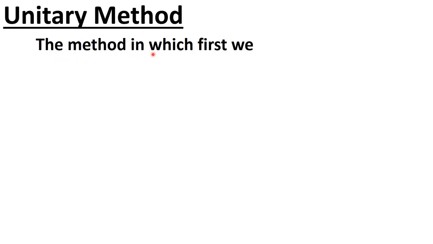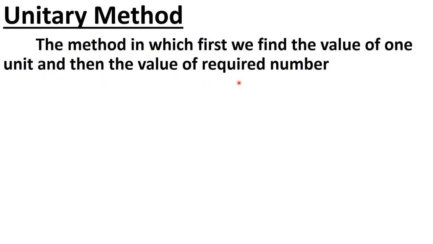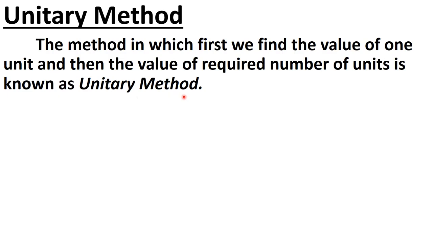Next topic that we have done in this chapter is the unitary method. In the unitary method, what have we done? The method in which first we find the value of 1 unit and then the value of the required number of units is known as the unitary method.